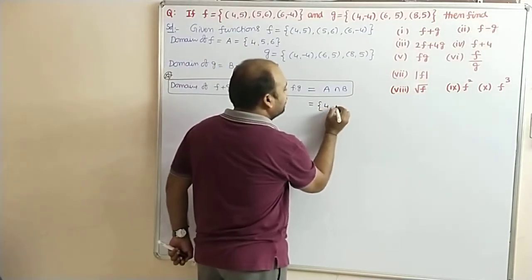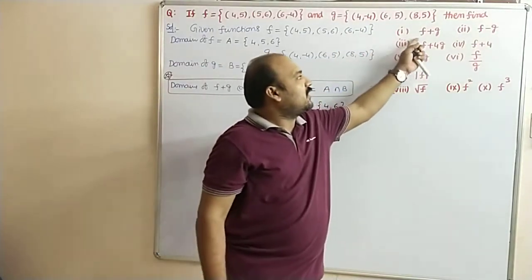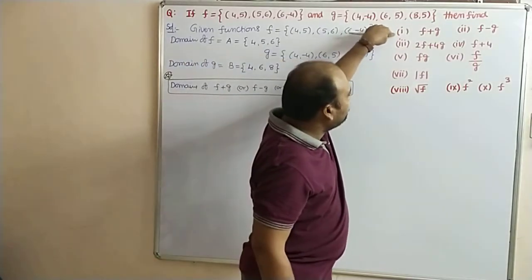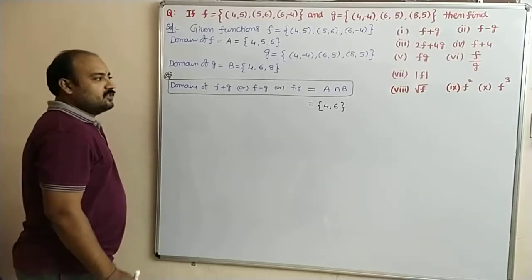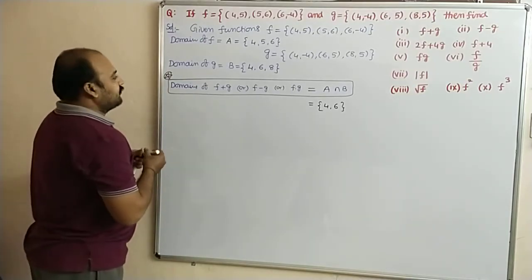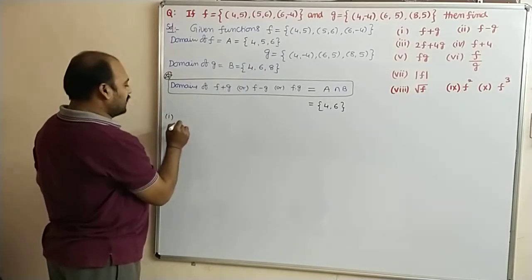So 4 comma 6. For these two elements only, you can calculate f plus g, f minus g and f into g. First I am going to calculate the first question, second question and fifth question, problem number 5. These are the questions we are going to do now. The first question, f plus g.